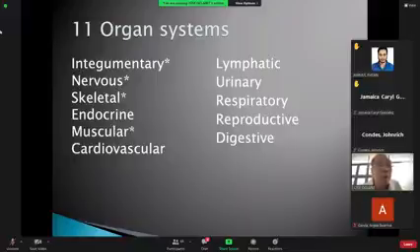We have the nervous system, which is composed of the neurons, the skeletal system composed of the bones, and the endocrine system, which is composed of the pineal gland, the hypothalamus, the pituitary, the pancreas, the adrenal gland, the ovary and the testes, the thymus and other glands that are secreting hormones.